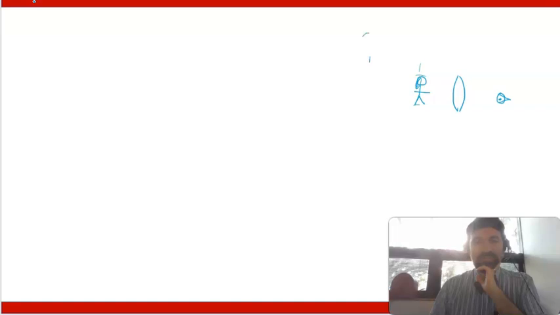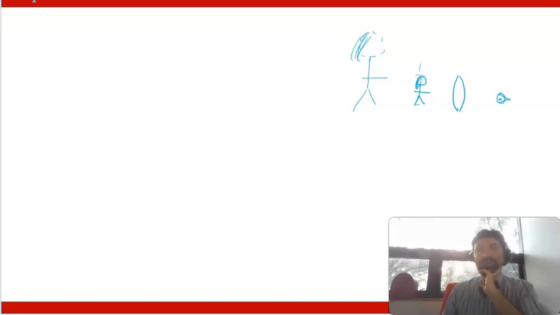So now I have an image of this person that I'm looking at that is 2 times taller than the original person was. Okay, and that 2 times taller, this right here is still dO. This right here is still dI, which is negative 2 dO in this case.